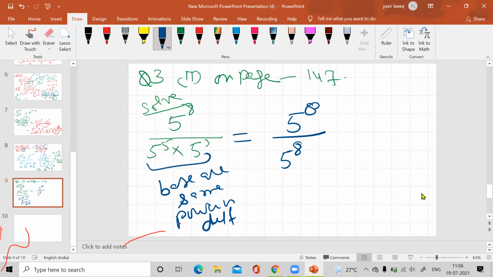Sir, 5 minus 8. When you simplify it, 5 power 8 minus 8, and 5 power 0. Any number having 0 power means that it is 1.